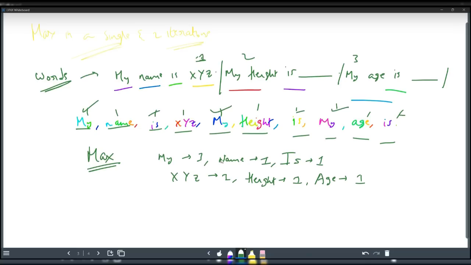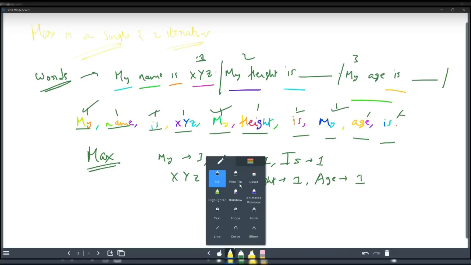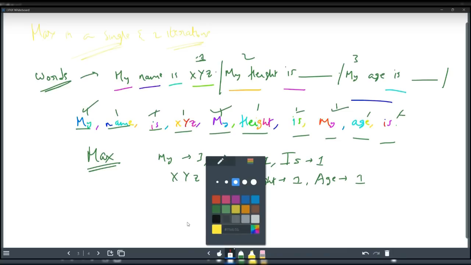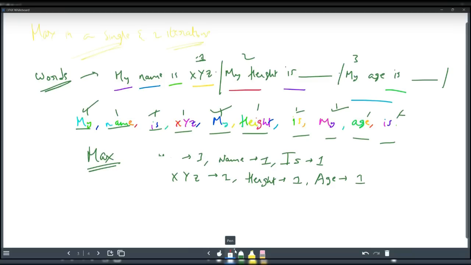When we see the most frequently repeated words, the word my has been repeated 3 times, and is 1, 2, 3.